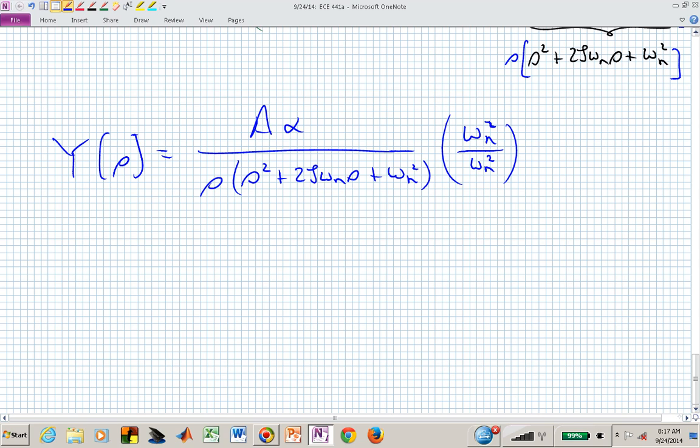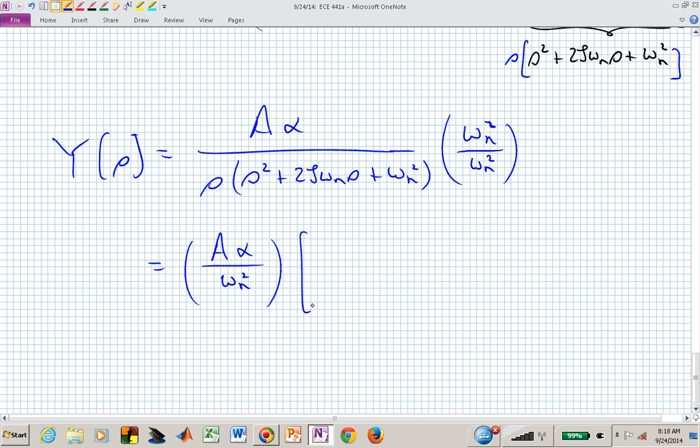The reason we are doing that will become clearer as we move through the derivation, but for now what I'm wanting to end up with is a numerator that just has omega sub n squared in it and a denominator that just has that first piece to it. Right now, I'm not too concerned with this scaling factor. That's just a number. We've hit it with an A for amplitude. Alpha was a constant, and omega sub n, our natural frequency, is a constant.